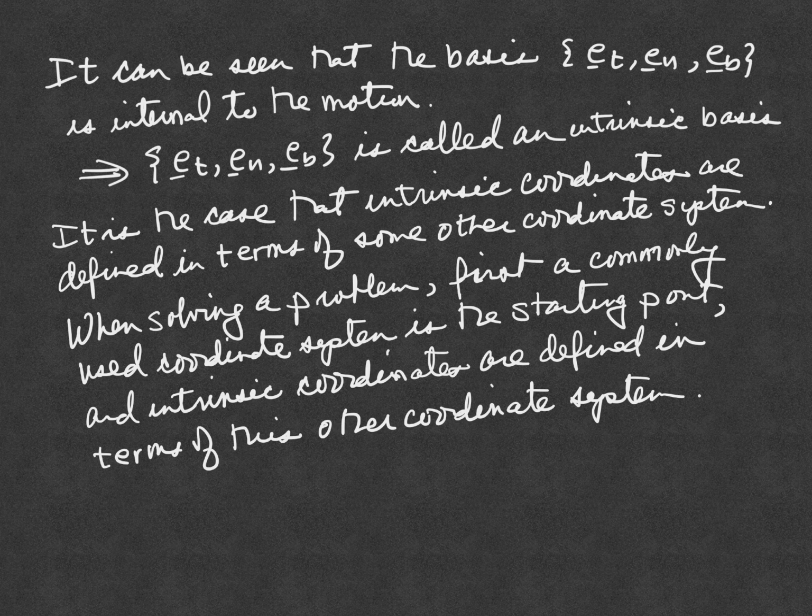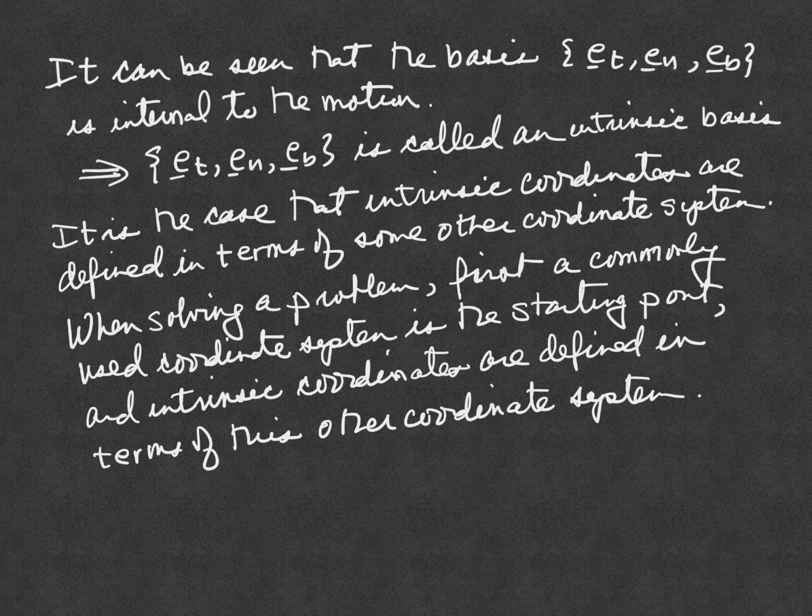So a problem is not started with intrinsic coordinates, but intrinsic coordinates are defined once another coordinate system has been constructed and is being used to set up the initial kinematics of the problem, and then we use intrinsic coordinates. Now, if you use this intrinsic basis, you can actually start by doing the following things, which make it actually fairly easy to be able to compute acceleration.